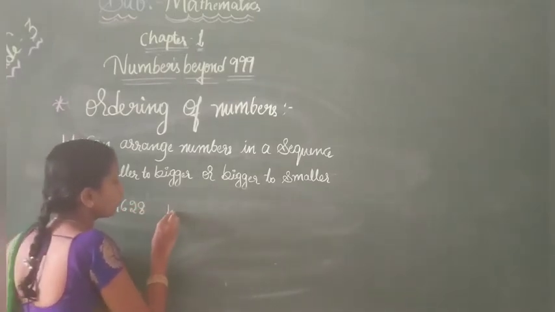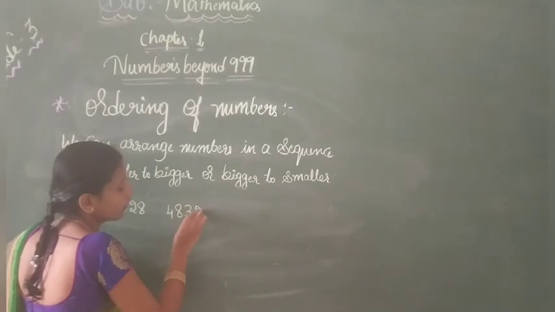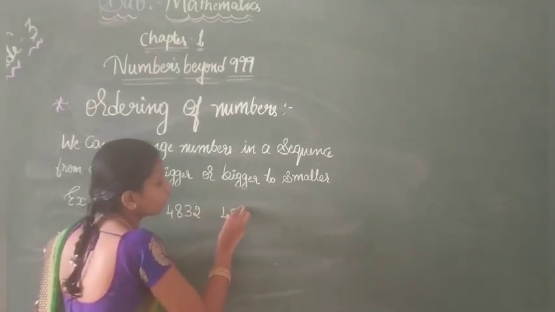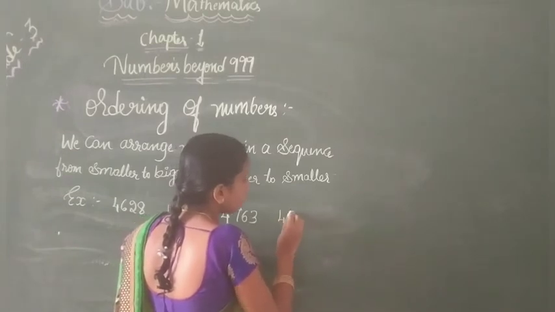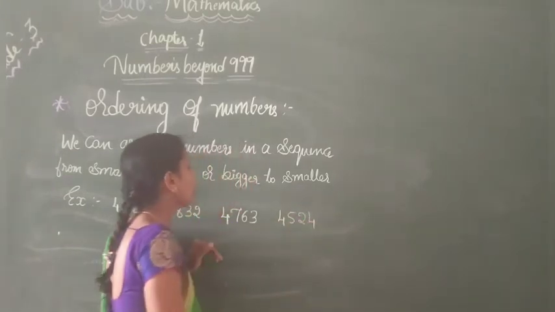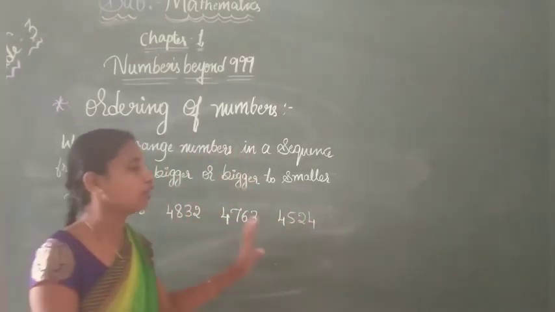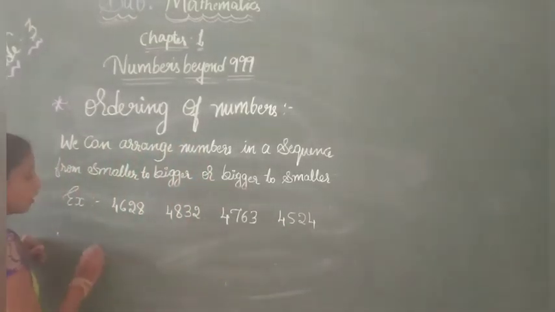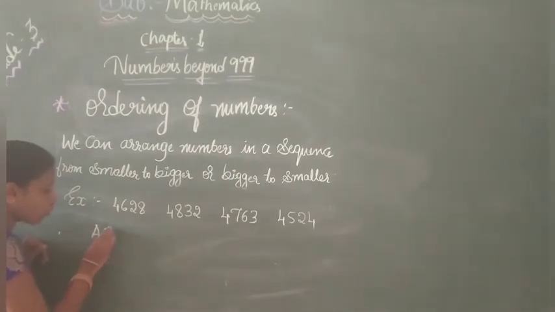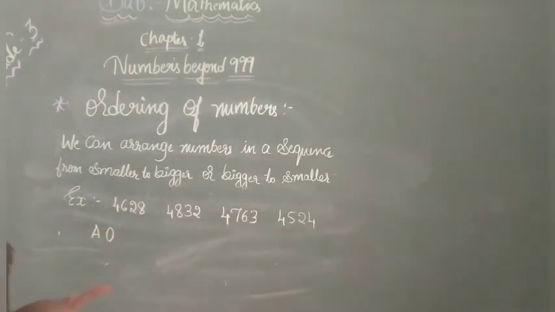4,628, 4,832, 4,763, 4,524. You have to arrange all these numbers in ascending order and also descending order. I will write shortly. Ascending order means what?